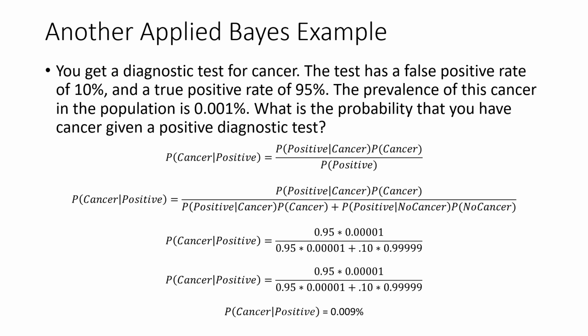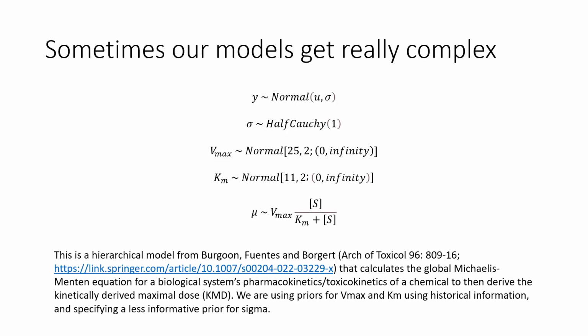It's not a very common cancer, but that doesn't mean it's not there. So you want to do some additional confirmation beyond just this diagnostic test. And this is very common for screening tests, right? These types of false positive rates and true positive rates are very common for a lot of screening tests. The same could be said for pregnancy tests as well.